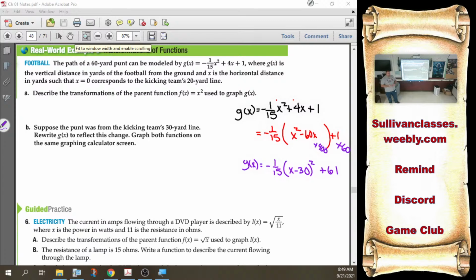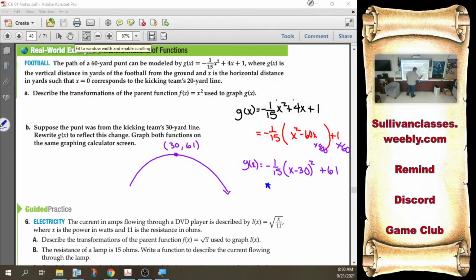And I get a parabola such that my vertex is up here at 30, 61, and it has a vertical reflection and a vertical compression by a factor of 1/15. Okay? So the transformations, well, we just said them.